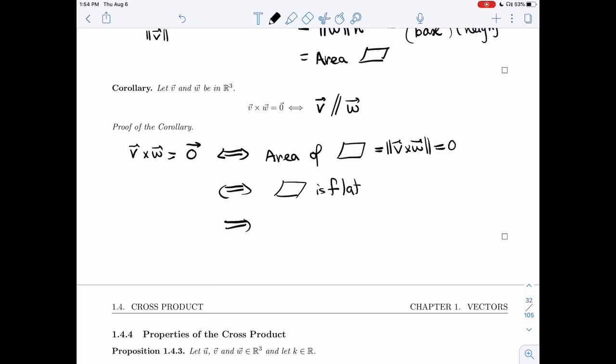And so v is parallel to w, right? If the two vectors you're using to build your parallelogram are parallel, then you're going to get something completely flat. So this means that we can use the cross product to test if things are parallel. Now, it's not necessarily faster than doing the ratio, which is what we did before, so it's up to you. If you like the cross product, you can use the cross product. If you like the ratios, you can use the ratios.